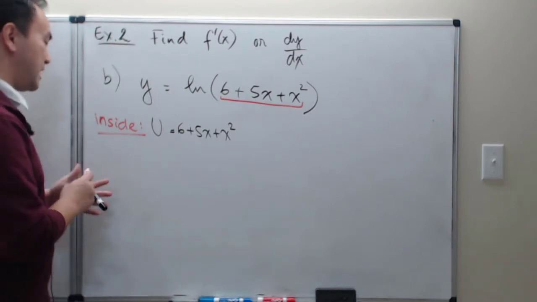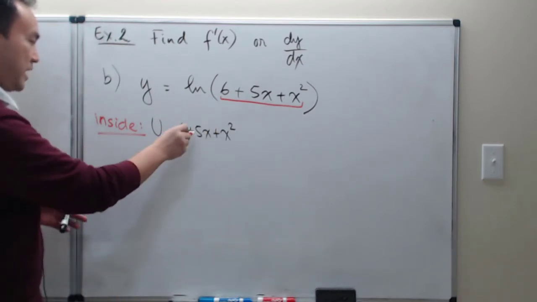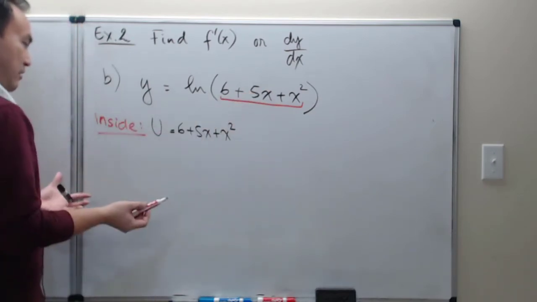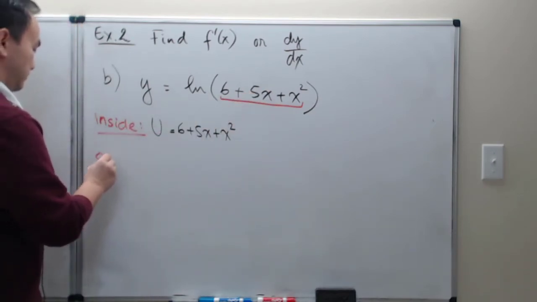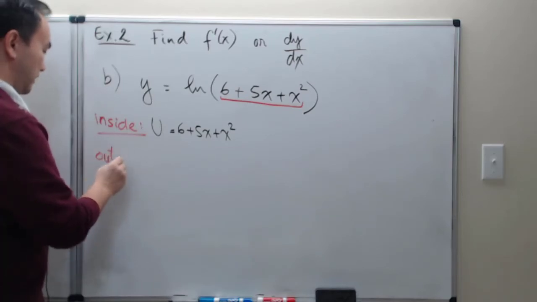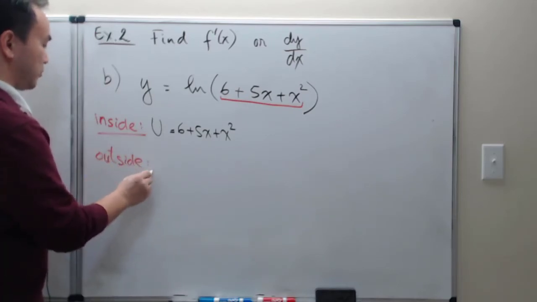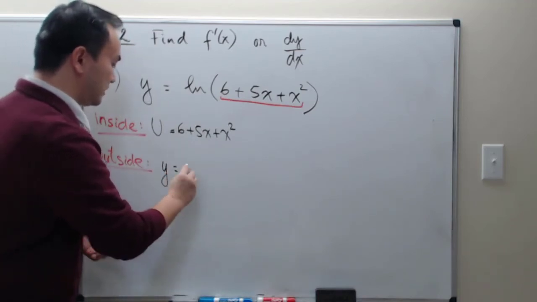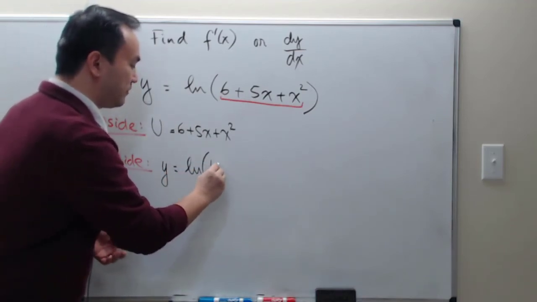Once we substitute it away in that entire red underlined expression, the outside expression becomes y equals natural log of u.